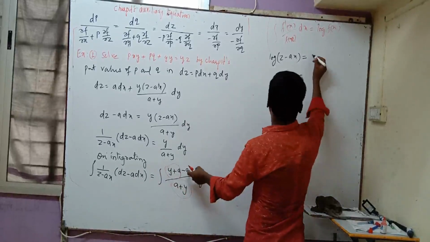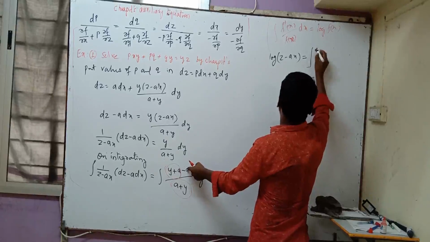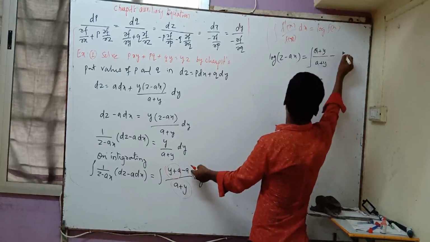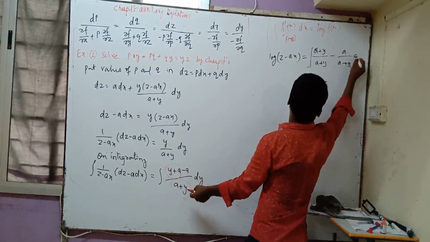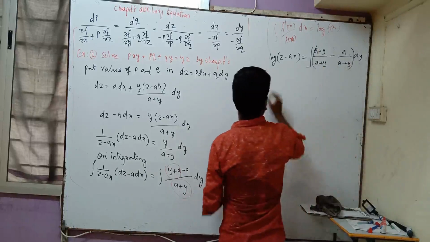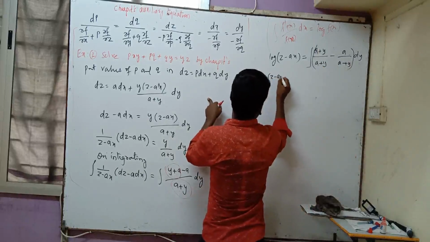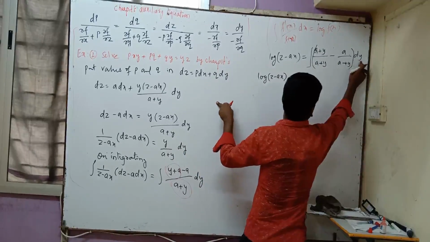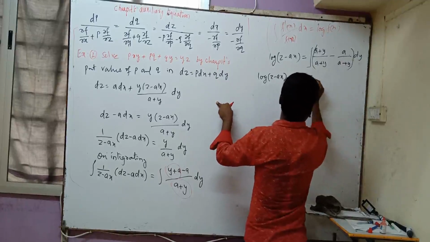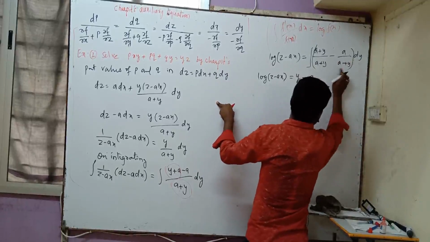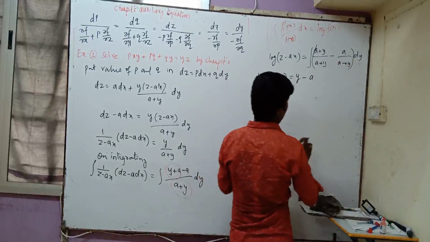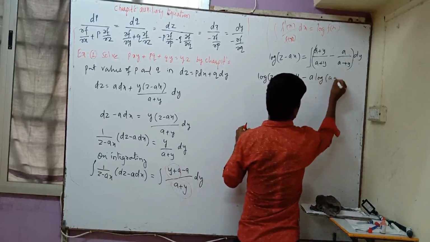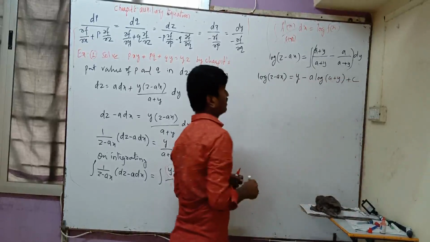I can write this as integration of a plus y divided by a plus y minus a divided by a plus y into dy. So now log of z minus ax is equal to, this gets cancelled and 1 is remaining. Integration of 1 with respect to y is y only, minus a constant times 1 by a plus y; integration of 1 divided by a plus y with respect to y is log of a plus y, plus any arbitrary constant c.